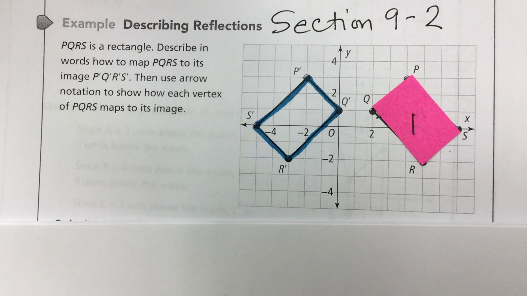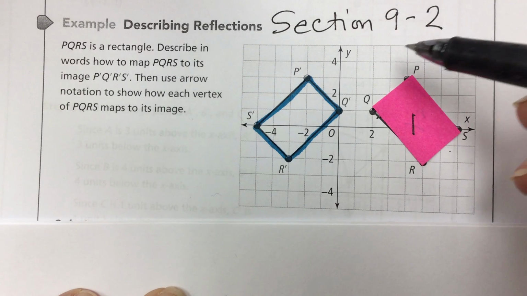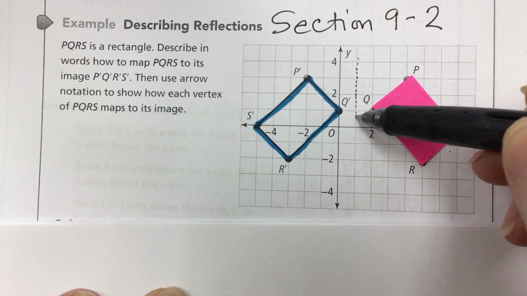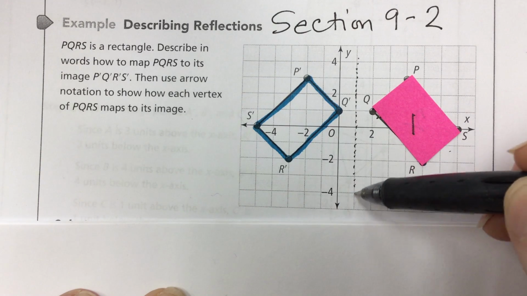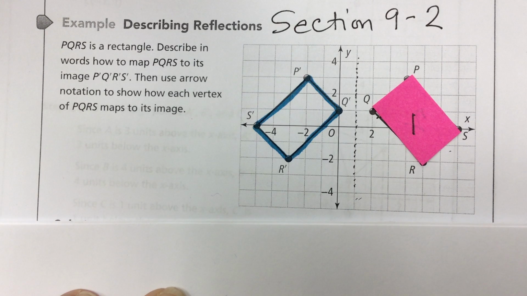Okay? So, looking at this problem, if I reflect it over, think about it. Where is the reflection line? Where is the middle line that separates these two rectangles into equal distance from each other?